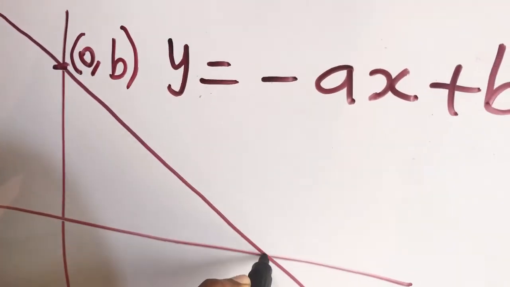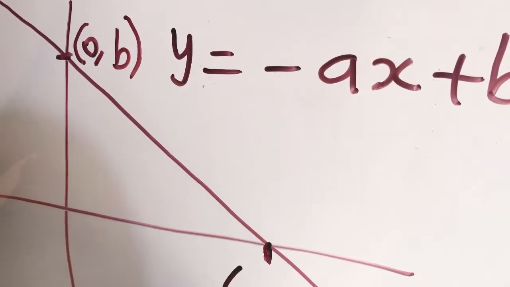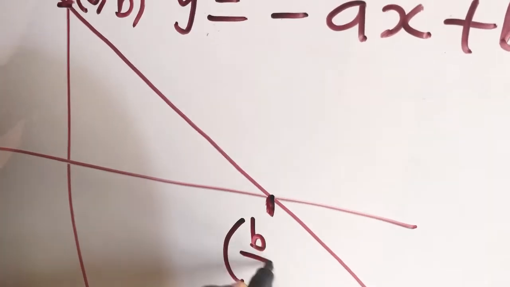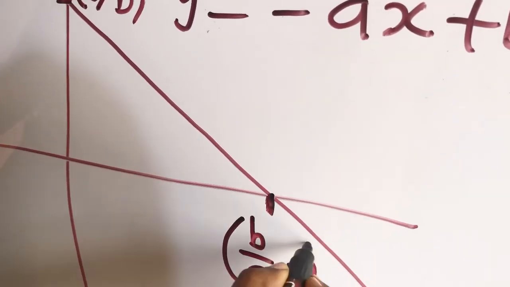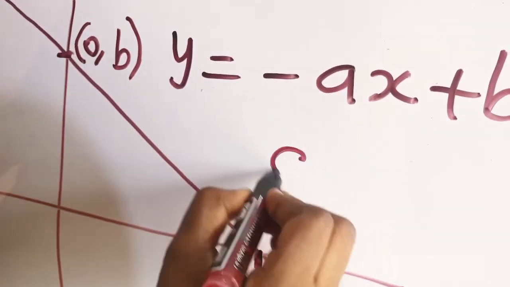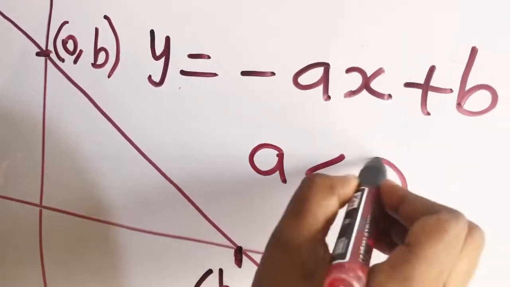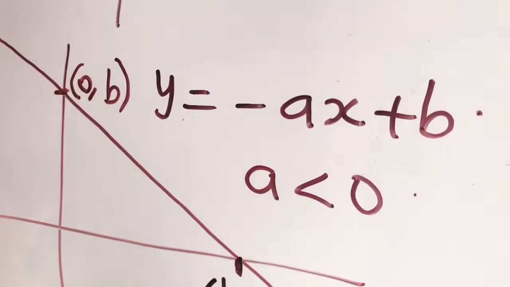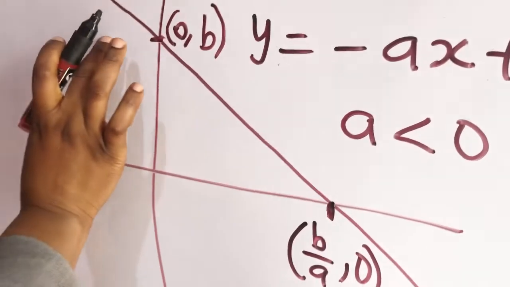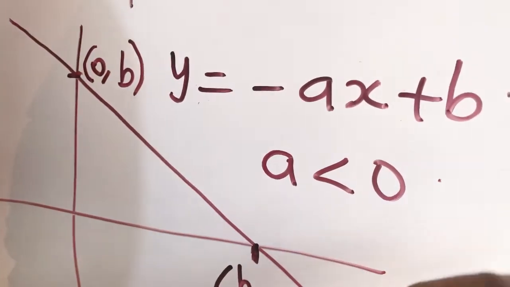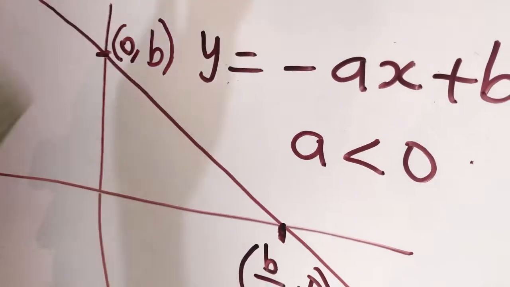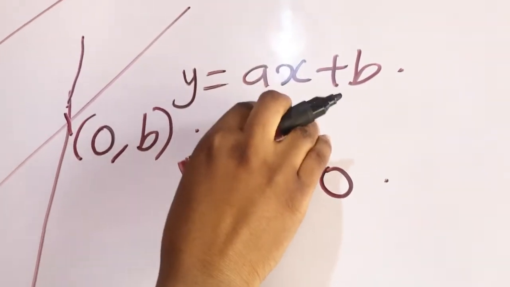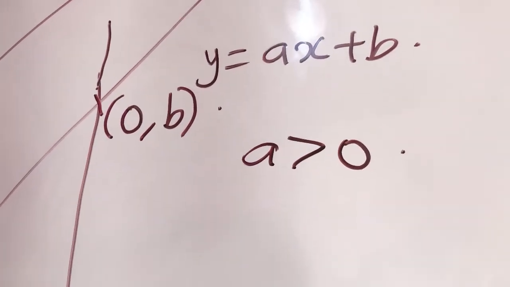And here is the x-intercept. It will be b over a, 0. And recall that a is less than 0. So that is how the shape of graphical representation of polynomial of degree 1 usually looks like. So this coefficient of x measures the gradient or the slope of that line.